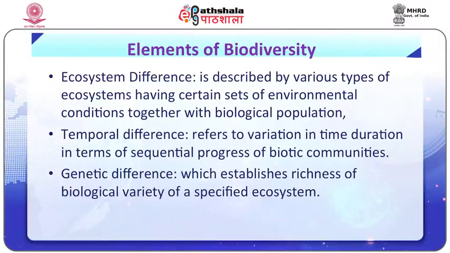Second, temporal difference refers to variation in time duration in terms of sequential progress of biotic communities. The biodiversity of an area is always measured in terms of temporal factor, that is, the condition of biological communities in the past, at the present time, and in future. Here we also learn the course of development and destruction of species and their future standing.